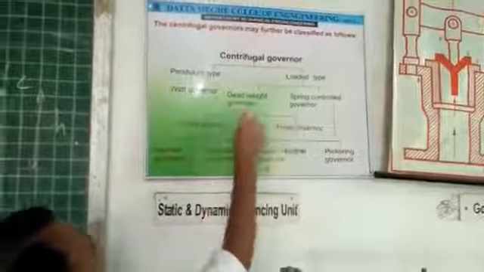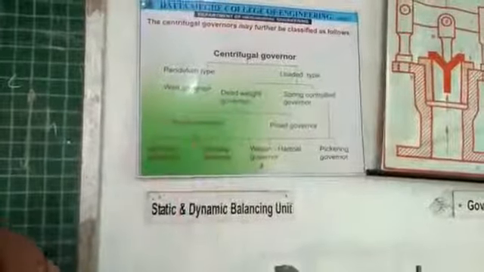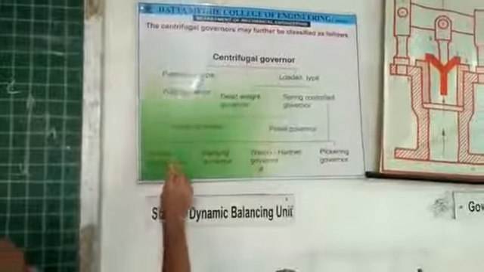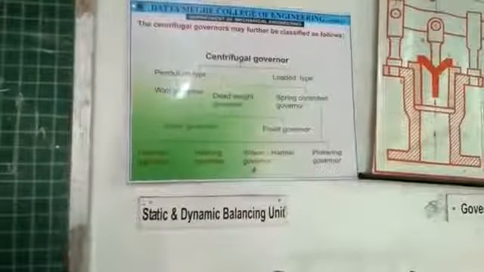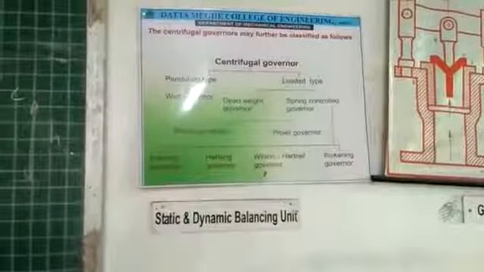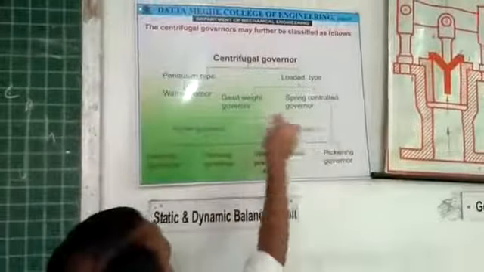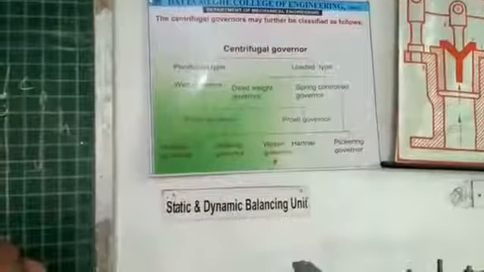Dead weight governors are classified into two categories: Porter governor and Proell governor. Spring controlled governors are classified into four categories: Hartnell governor, Hartung governor, Wilson-Hartnell governor, and Pickering governor. As per our academics, we are only discussing Porter governor, Proell governor and Hartnell governor. So one problem may be on either Porter governor, Proell governor or Hartnell governor.